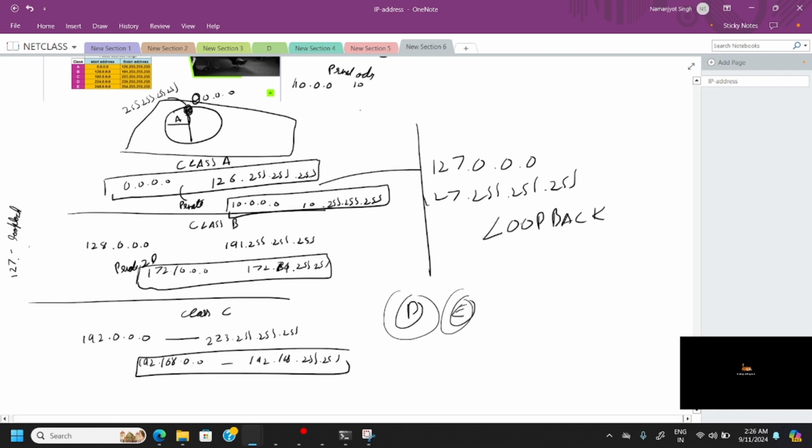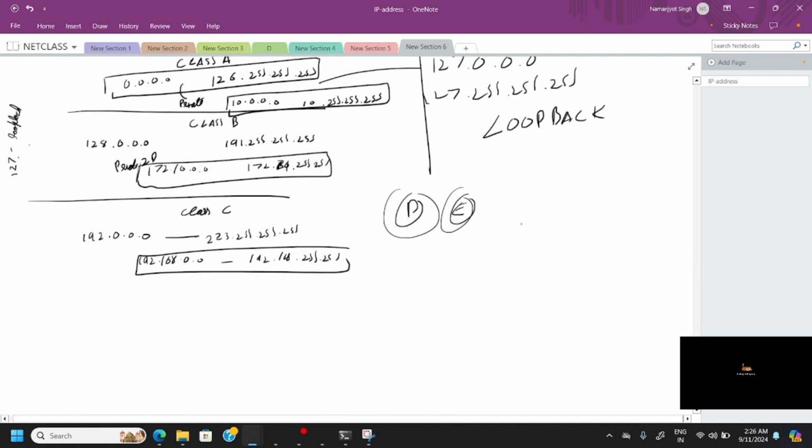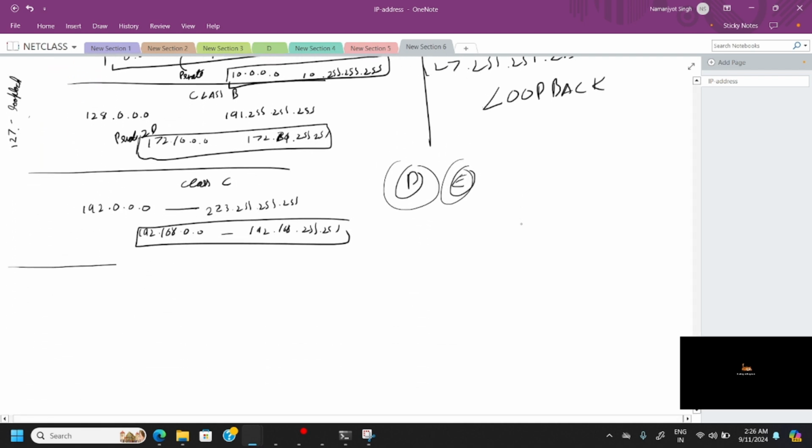As you can see in the chart as well, you should remember these IP addresses. So this is how IP addresses work. So let's do some exercise.